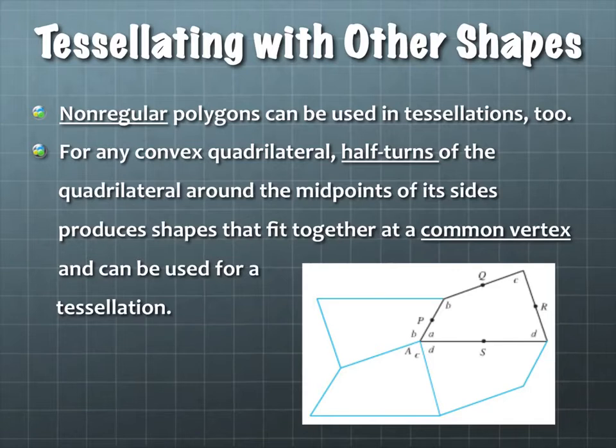Angle C at the top ends up over here, and angle D ends up right here. So just like the 4 angles within the quadrilateral added up to 360 degrees, when they are all placed together in the same location right here, they will also add up to 360 degrees. So half turns is one way to get a tessellating shape from a quadrilateral that is not regular.